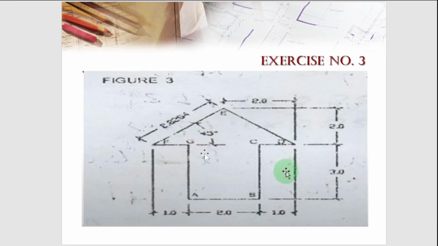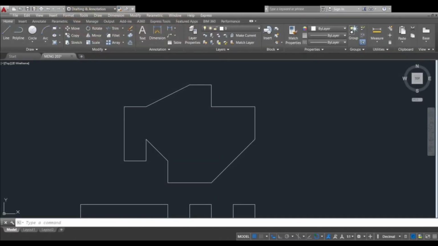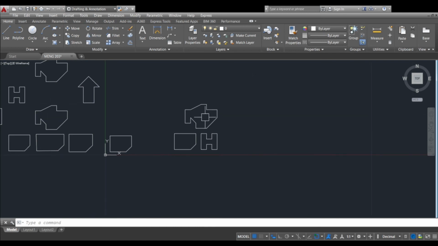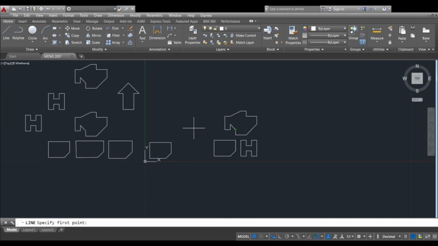Next figure, this is our last figure, and this is also the figure from our previous exercises. Okay, so let's locate the point A. Let's assume that our point A is at 15 comma 6.